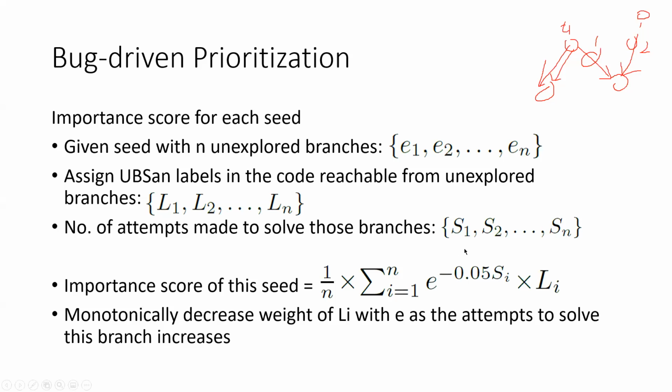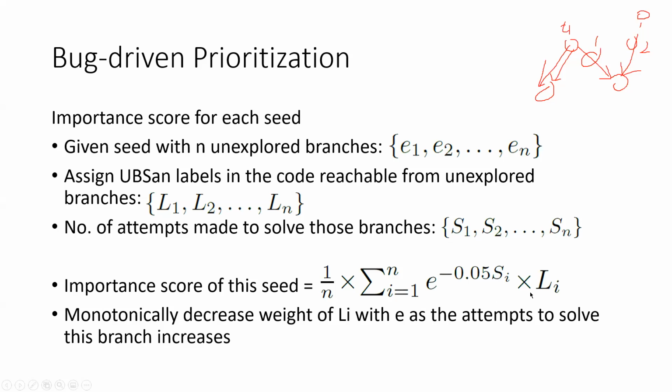And then you also keep track of the number of attempts made to solve those branches from the constraint solver. And then finally, this is how you calculate the importance score. So it's a weighted average of all the labels for each branch.